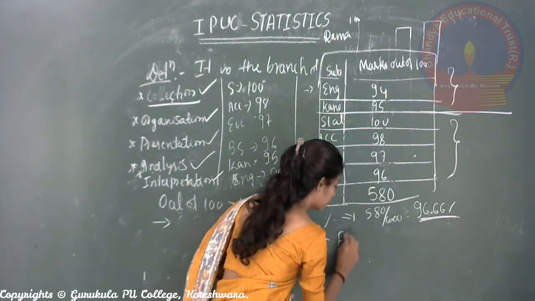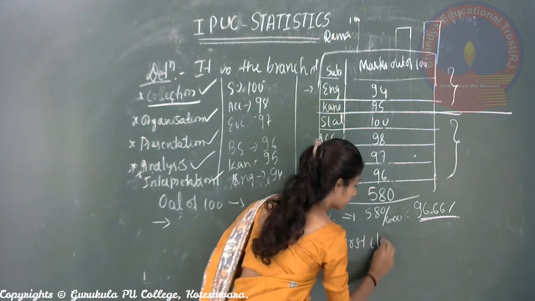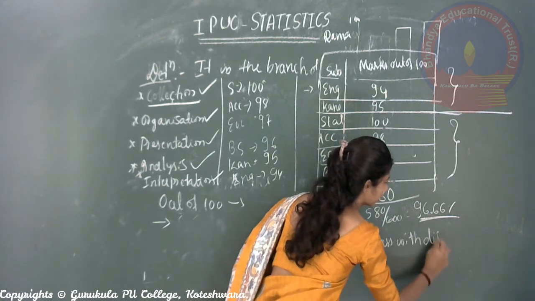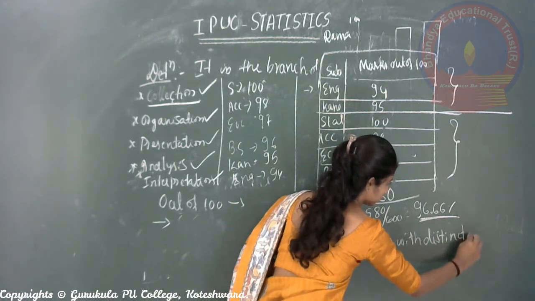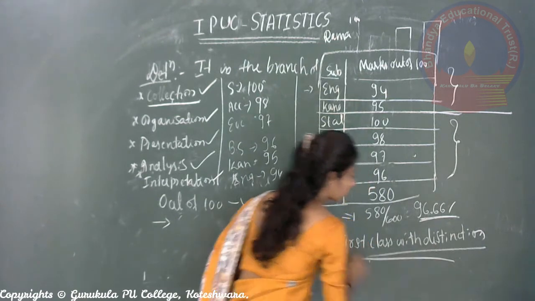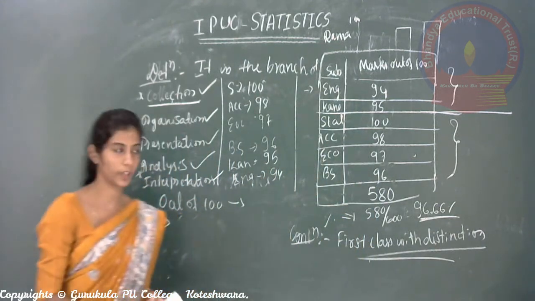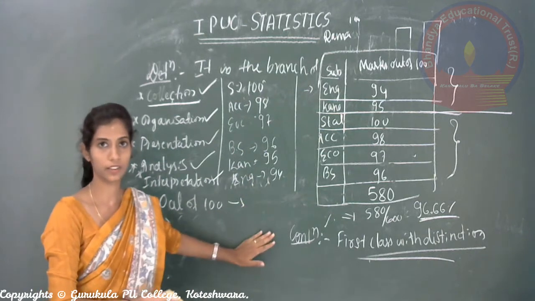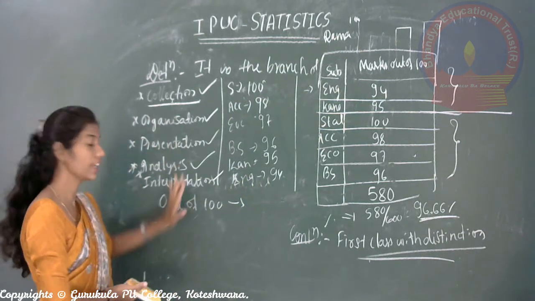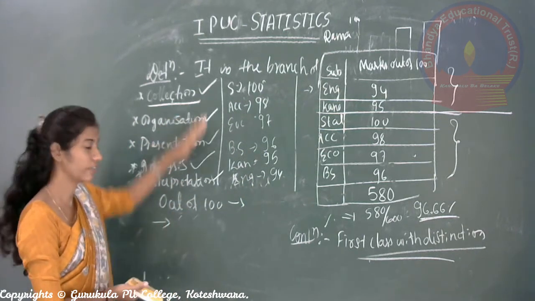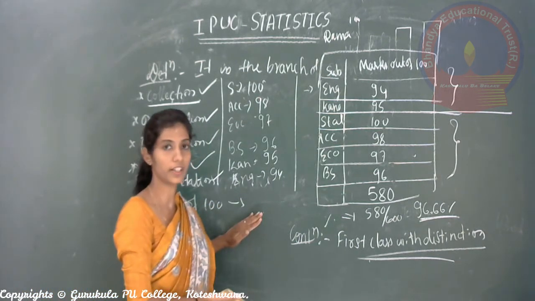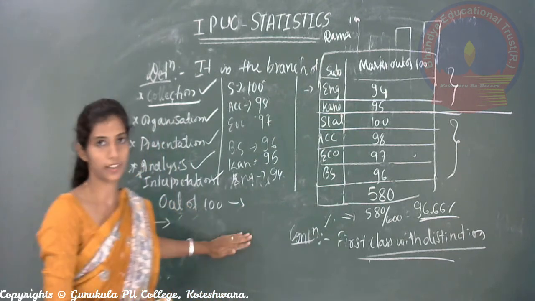This is the conclusion we can give from the analysis part. These are the 5 steps involved in the definition of statistics.